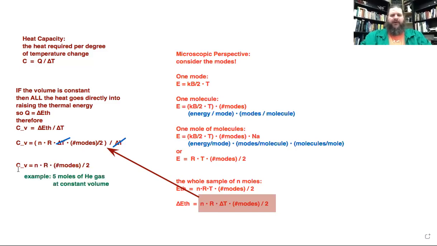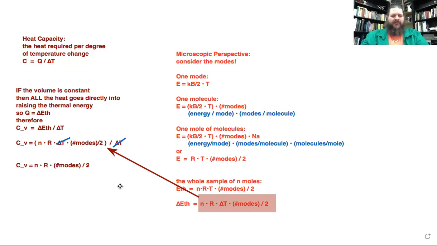How many modes per particle does that have? If it's just helium gas? Yeah, it should be 3, because helium is a noble gas. It's going to be always monoatomic. A monoatomic gas is going to have just the 3 translational kinetic energy modes, and that's it.